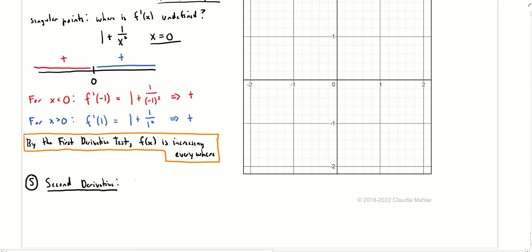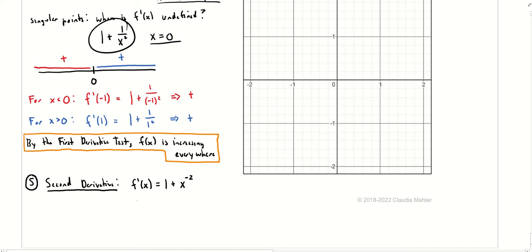So our first derivative, let me just write this down here for us so we don't have to scroll. That was 1 plus 1 over x squared. I'm going to rewrite that fraction as 1 over x squared. That's the same thing as x to the negative 2. So again, I'm doing that just to make my life a little bit easier when I take my derivative.